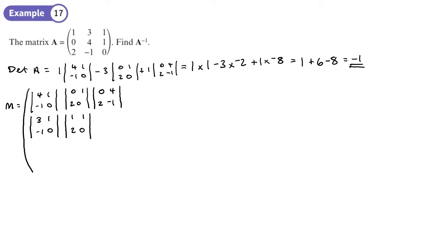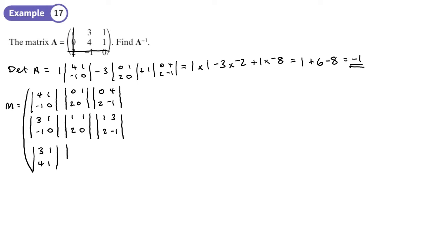And then element F, this one. That will be 1, 3, 2, negative 1. Now we move to the bottom row. So this element here, its minor will be 3, 1, 4, 1.